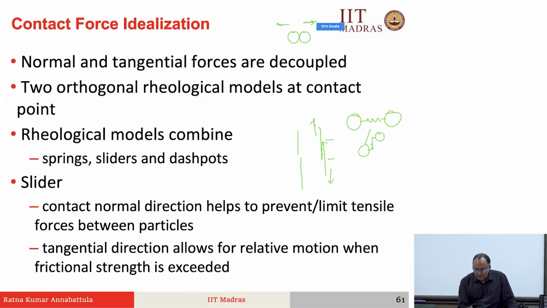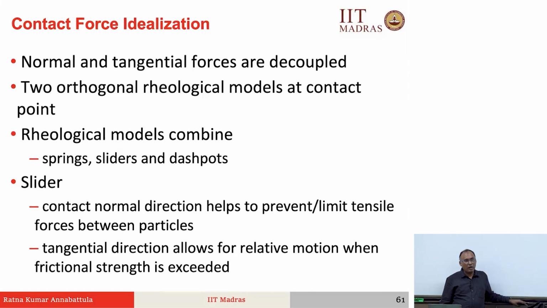Even during separation there will be a spring, but it will be a slider, and after some time the slider will be broken. That means the cohesion force is only applied up to that level, and after that it is not there.